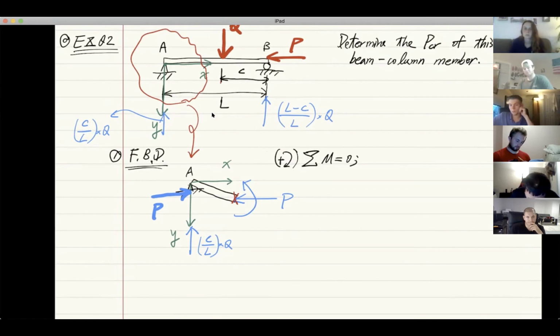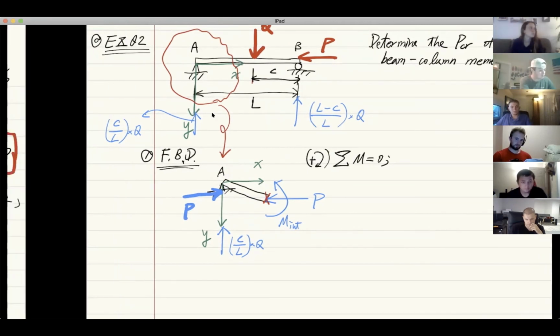And first, of course, this is another internal moment, which is what we call internal moment here. Right. So what are the 3 quantities we have to consider? The terms that will produce a moment at the point inside this beam column, there's only 3 terms.